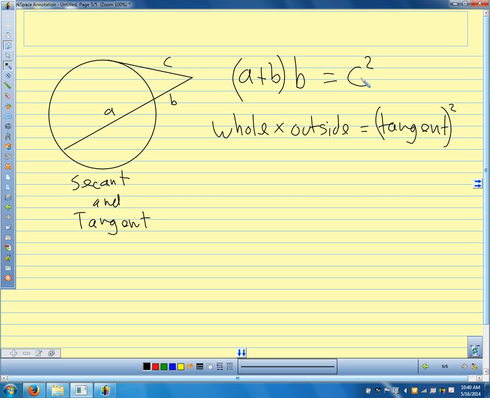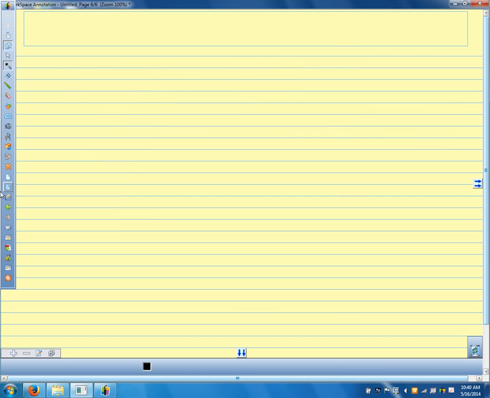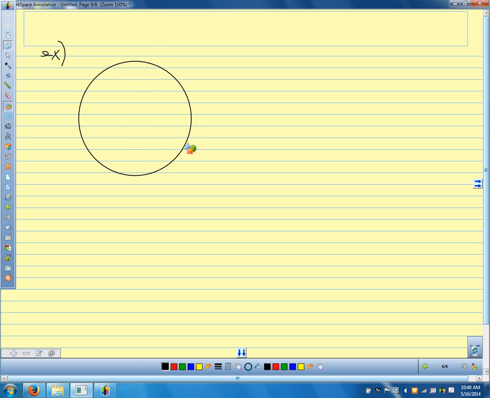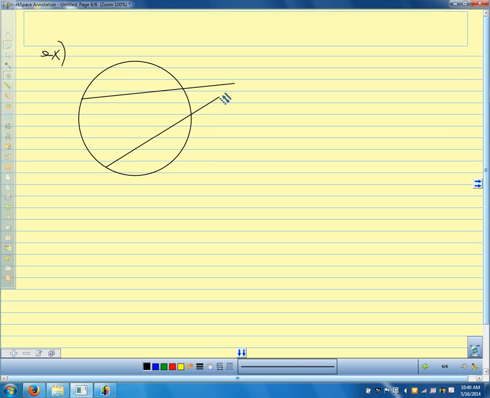All right, so let's look at a couple of examples here. Here's our circle. And we have these segments. Let's say this is X and 12 and 14 and 11. And we want to find X. So here we have two secants.